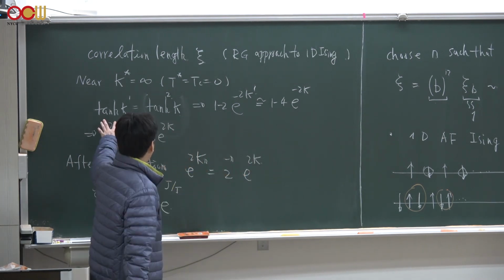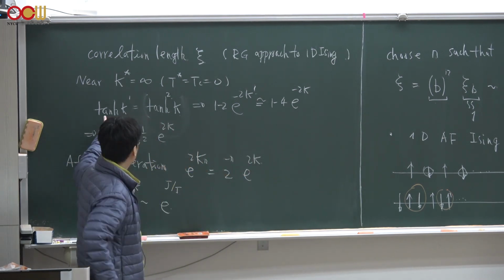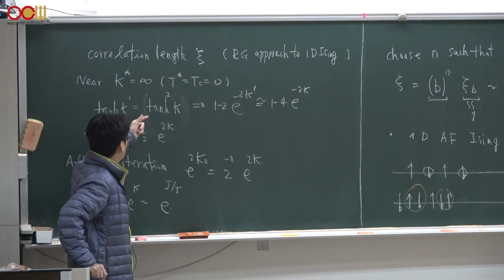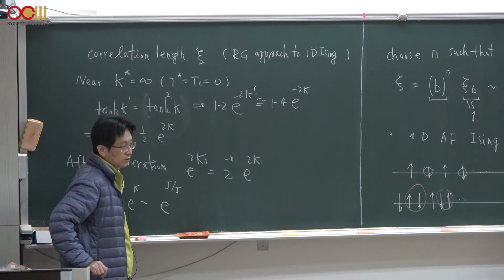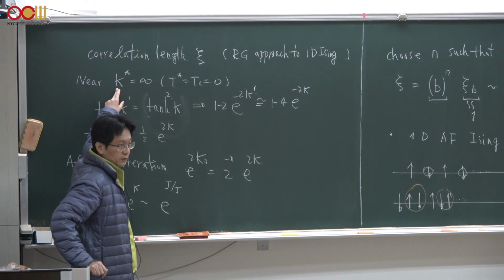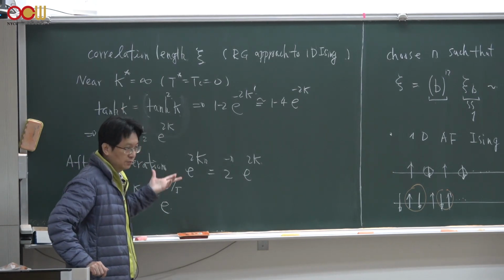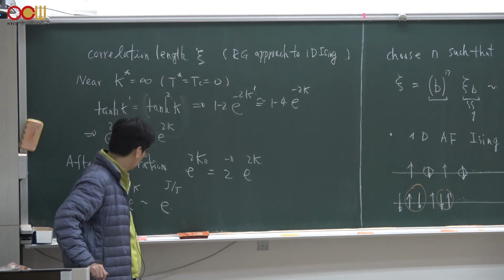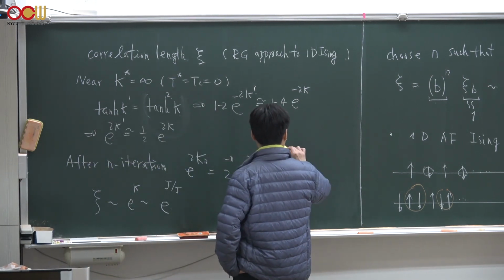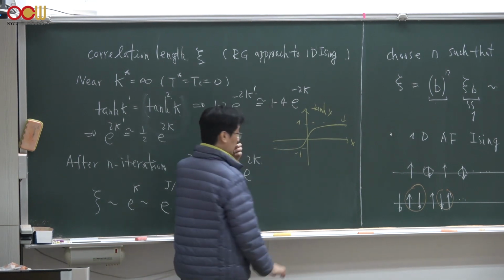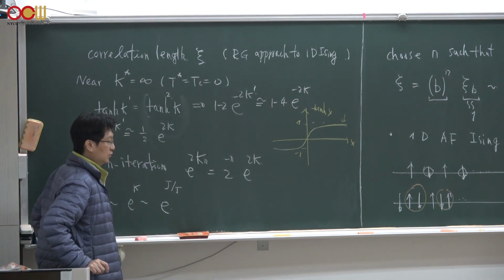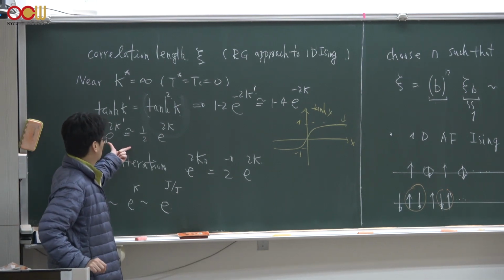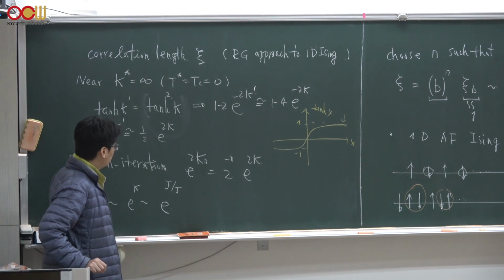So remember, the relation between K prime and K is that hyperbolic tangent of K prime is hyperbolic tangent squared of K, and when K goes to infinity, in that limit, we can Taylor expand this hyperbolic tangent function, because remember, this hyperbolic tangent function is almost 1 when x goes to infinity. So near that limit, we can Taylor expand this hyperbolic tangent function, and we get this approximate form which relates K prime and K near that fixed point.